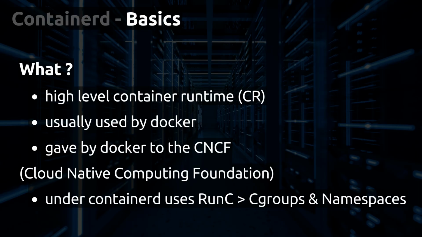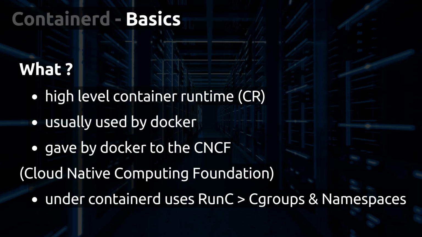We already saw that in the first videos of this playlist. runC is a low-level container runtime. That means it's only dedicated to the core purpose of a container runtime, meaning create or set cgroups and namespaces, and that's it.